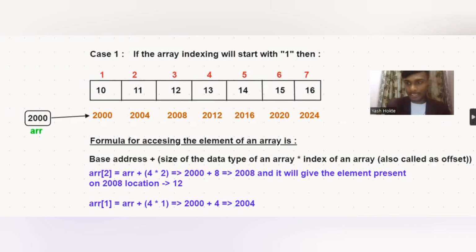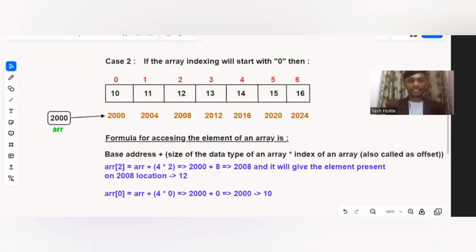Now let's take the second case. If the array indexing starts with 0, then all the things go the correct way, right? Suppose I want to access the first element, so I write arr[0], which is base address plus 4 times 0. The base address is 2000, plus 4 times 0 is 2000, and at location 2000 the answer is 10, right?